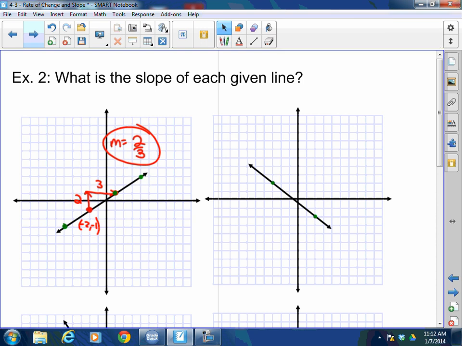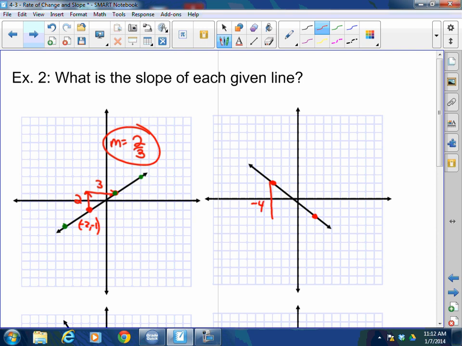Awesome. Okay, now, for this next one, first of all, is it going to be positive or negative right off the bat? Negative right off the bat because I'm going down from left to right. Here's my perfect point. So in this case, I want to go to this next perfect point. I'm going to go down 1, 2, 3, 4. So I went down 4, so I'm going to go negative.